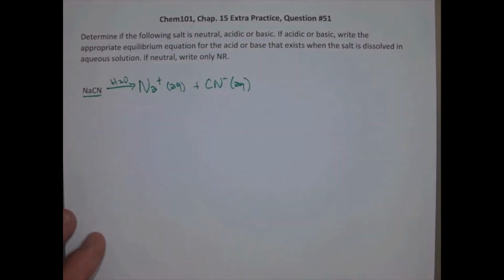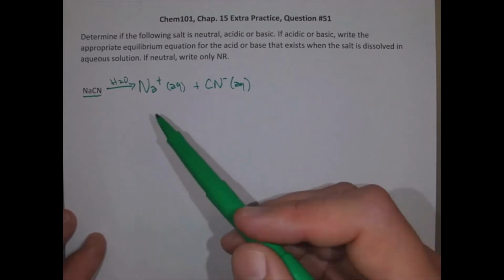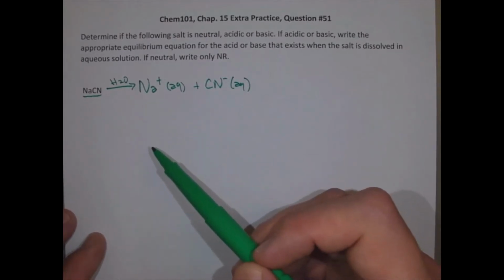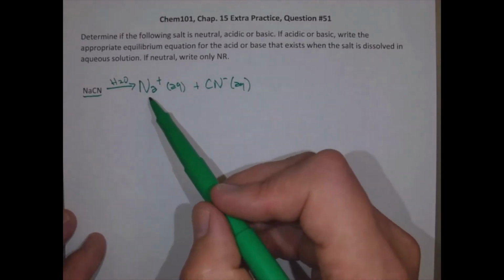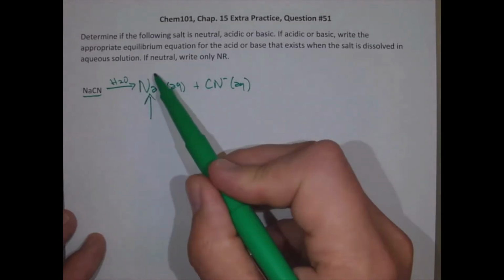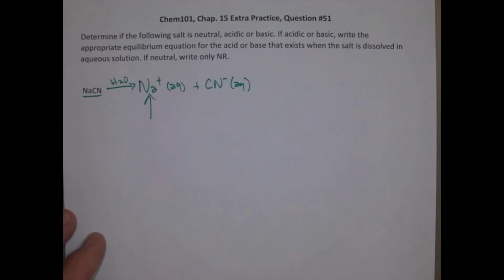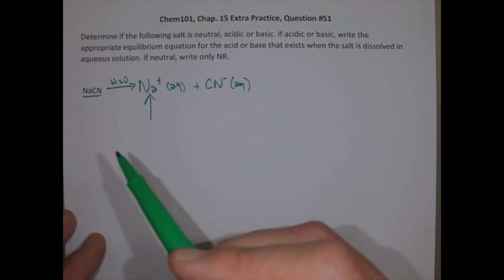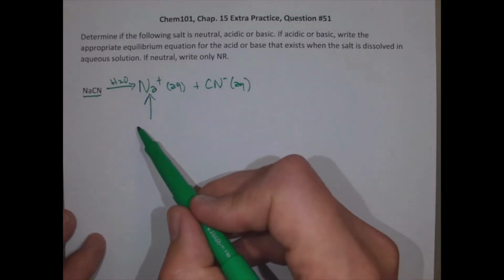Okay? All right, so now you have to look at each one of these ions, and you don't know where they came from, but let's just imagine that each one came from an acid or a base. And if this sodium ion did come from a base, and the cation will always come from a base, or you should imagine that the cation always comes from a base, what base did it come from?